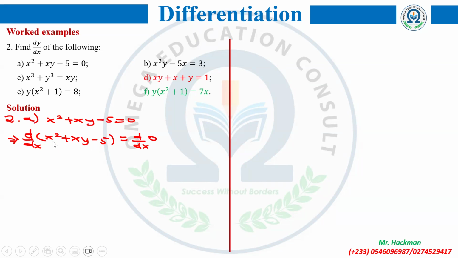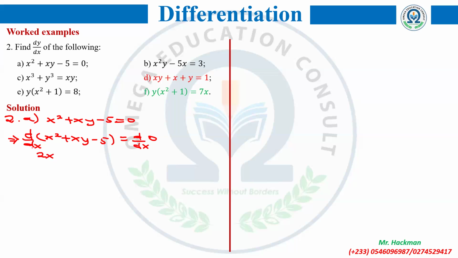That should tell us that we are going to differentiate each of the terms, so we are making use of the sum and difference rule. Mentally, we are matured now, looking at where we are coming from. So if you find d dx of x squared, that will give us 2x. Do you agree? Yes, please.